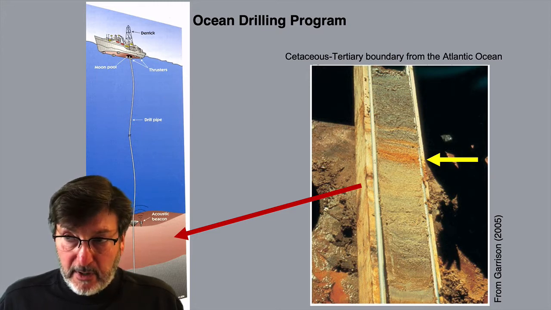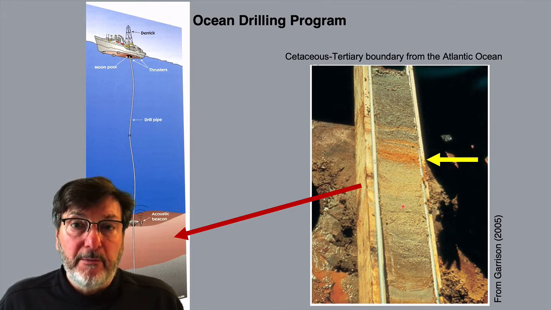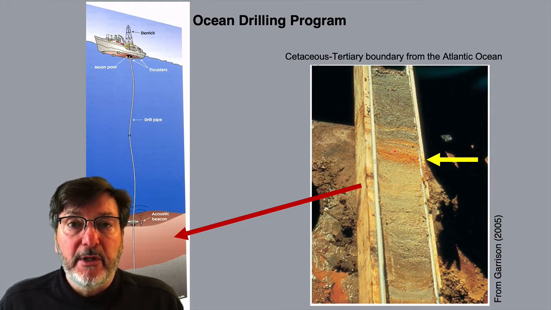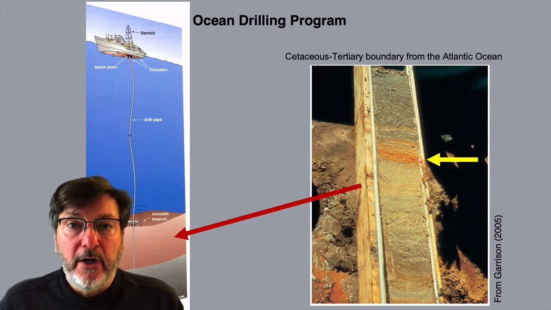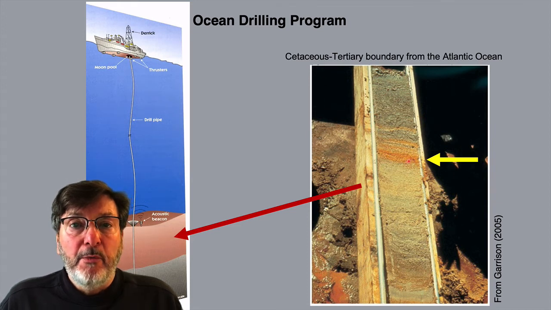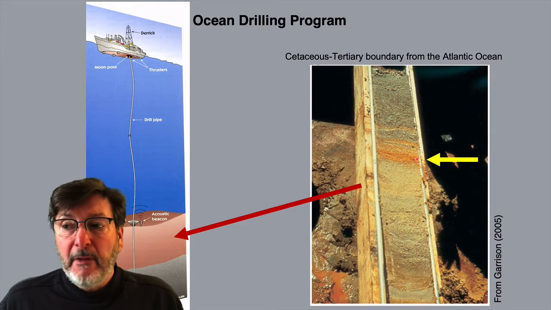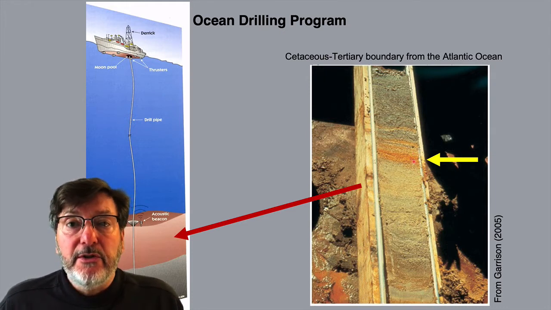And an example of some of the discoveries that came out of those ocean drilling program studies early on was this red zone, this red layer of sediment. That's the Cretaceous-Tertiary boundary. So the yellow arrow there points to the moment of extinction for the dinosaurs and the immediate transition into the Tertiary.